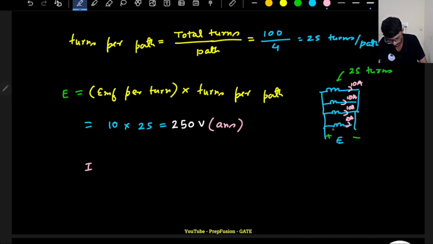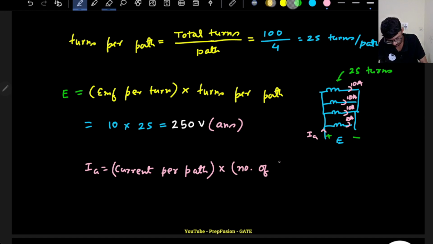So overall, the maximum current rating of the armature, IA, will be current per path into number of paths.